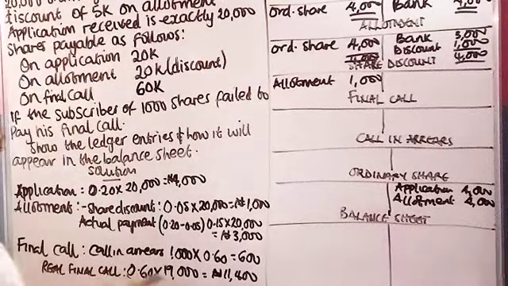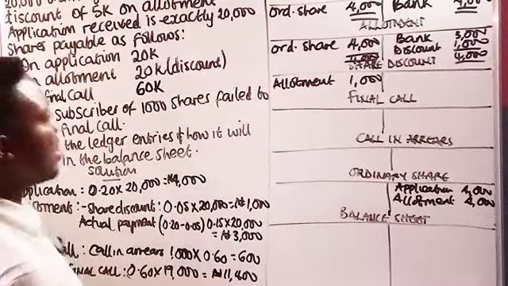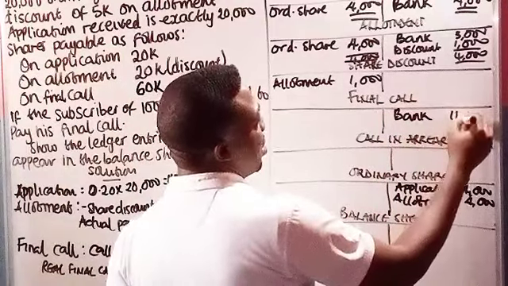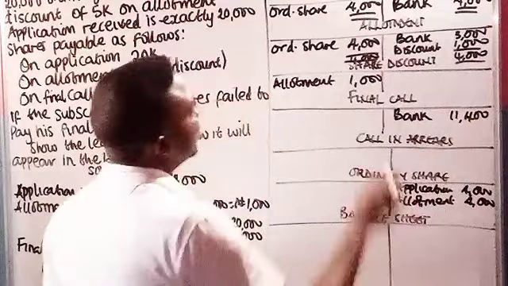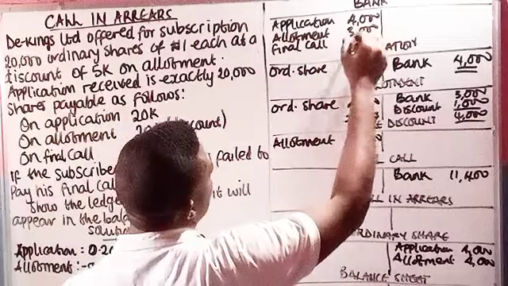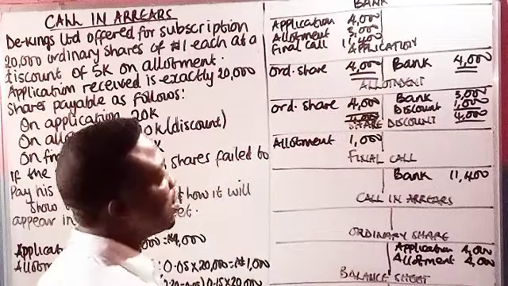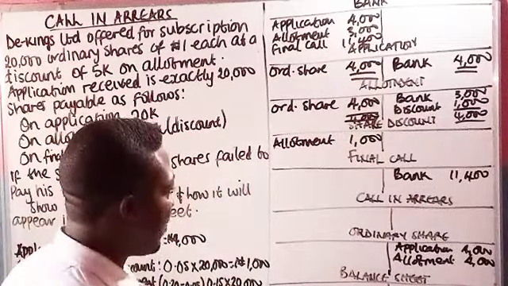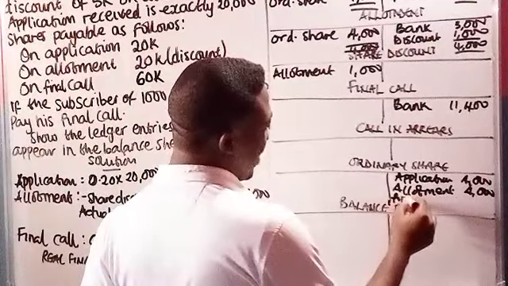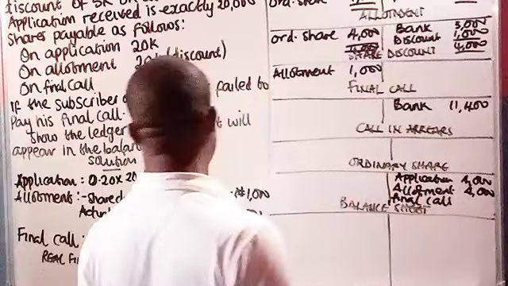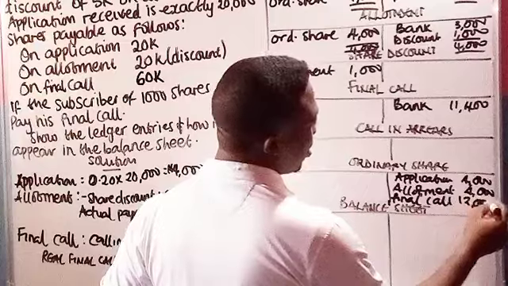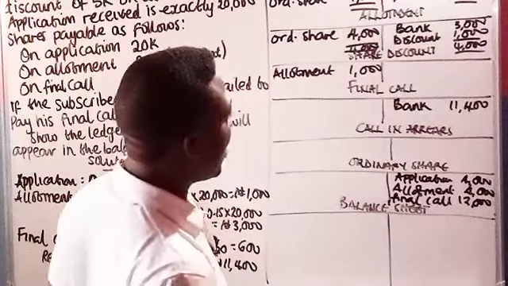Okay, so the next one will now be final call. Final call, there was a call in arrears. This is the amount that was paid, 11,400. So we'll have here bank 11,400. So paid here, our final call 11,400. But the allotment of shares on the final call is 12,000.